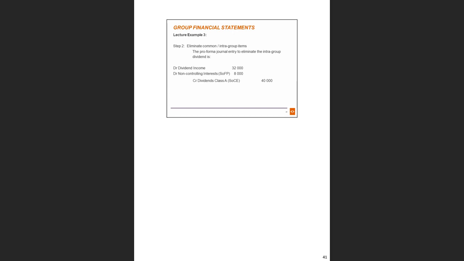So we're going to debit dividend income of 32,000 rand. This is P's share of the dividend. The total dividend S declared was 40,000 rand. 80% of this went to P, which was 32,000 rand. So we're reversing the dividend income. We're going to debit dividend income, and then we're debiting non-controlling interest with 8,000 rand, and that is the non-controlling interest share of the dividend.